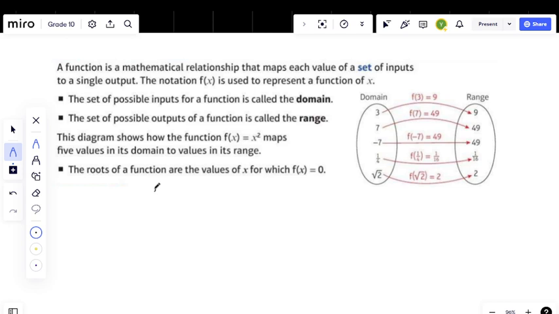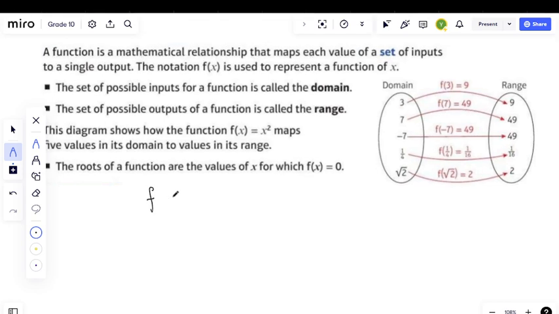So when we have function expressions, jadi kalau kita ada fungsi yang dinyatakan dalam bentuk seperti ini, ya, who's the domain? The domain, ya, domain itu adalah variabel yang dipakai di persamaannya. Okay, a variable that is used in the expressions.